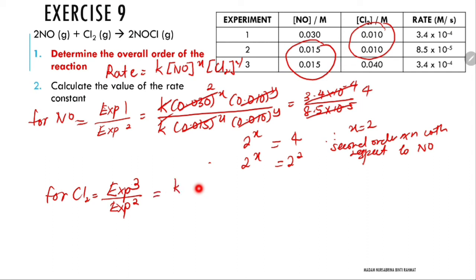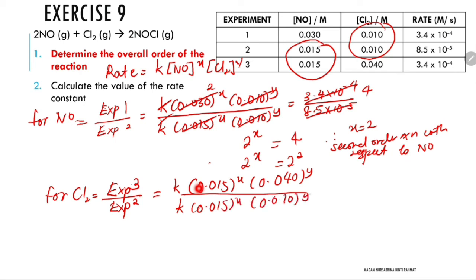So K 0.015X 0.040Y over K 0.015X 0.010Y equals 3.4 times 10 to the power of negative 4 over 8.5 times 10 to the power of negative 5. Try to simplify the equation and cancel out anything that is possible.